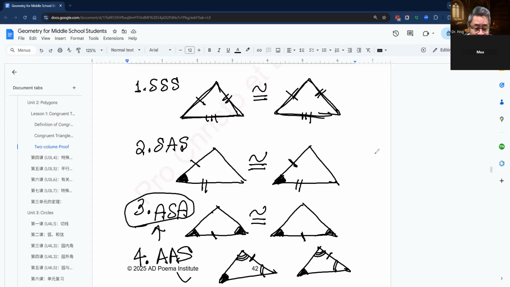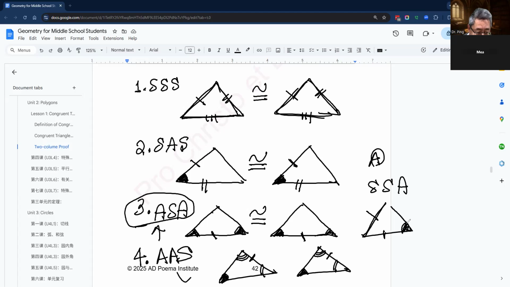So the only thing we don't have is side, side, angle. Okay, side, side, angle doesn't work. So you can see that if you got just one side, another side, and the angle is here, then that doesn't work.